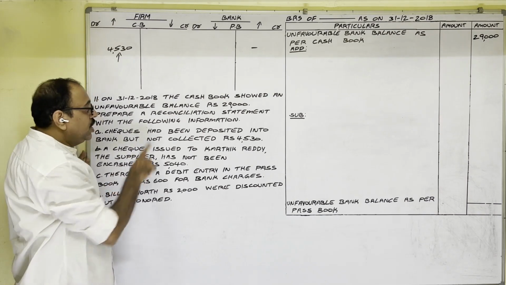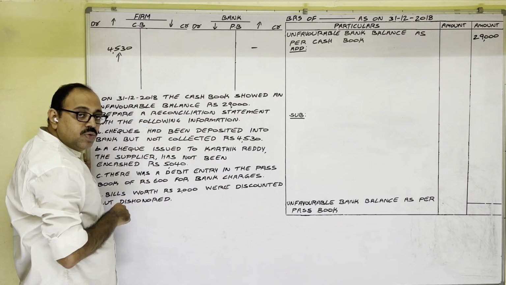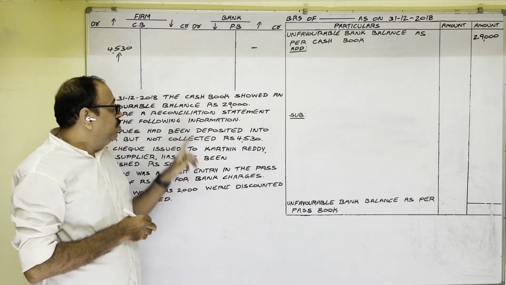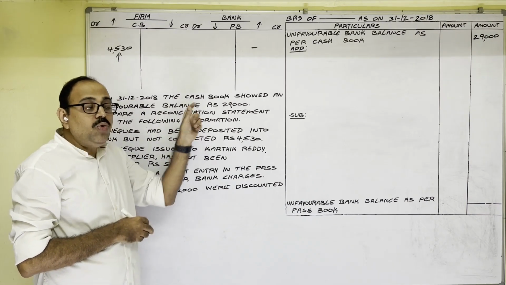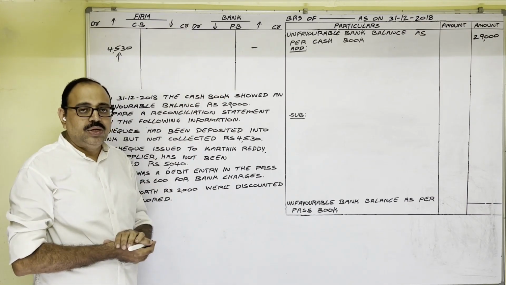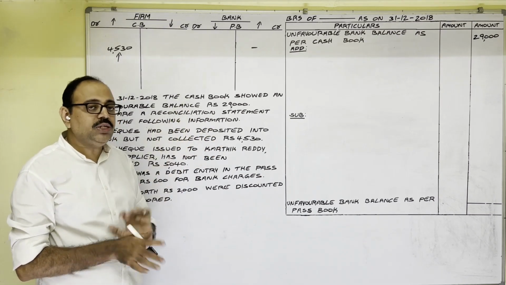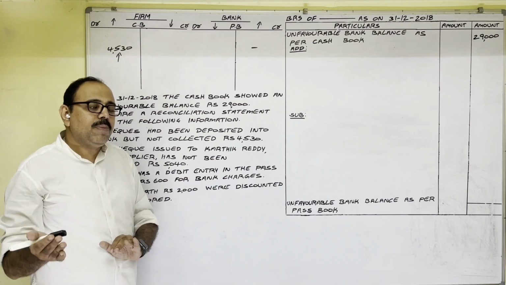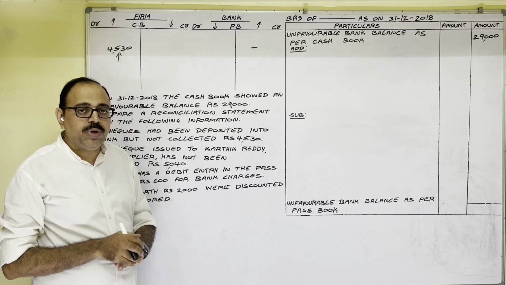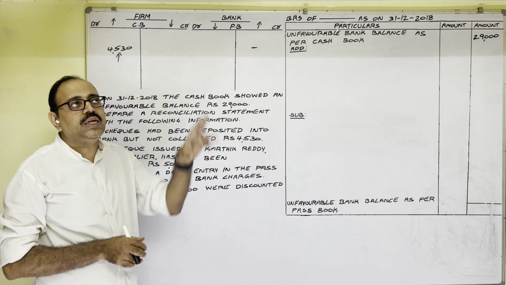But here, not a favorable bank balance, an unfavorable bank balance is given. Overdraft bank balance is given. So actually speaking, because of this transaction, how the overdraft bank balance will change, that we should analyze. What is the effect of this transaction on the overdraft bank balance? Here with an unfavorable bank balance, we should analyze whether the OD balance is increasing or decreasing.